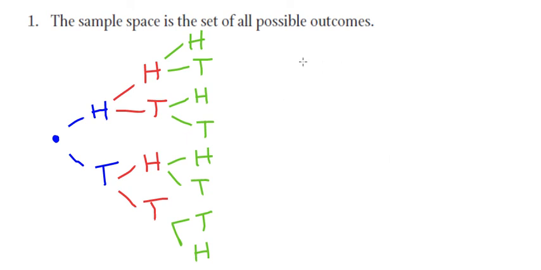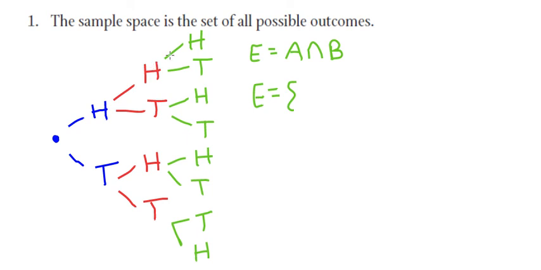The first thing it wants is E, which is that A happens and B happens. So when I list E, I have to think about my pathways where A happens and B happens. A says that the first toss is heads, so the only ones that could be A are these 4 options up here. I need the first toss to be heads and the second toss to be heads, so it's got to be this one and then this one.